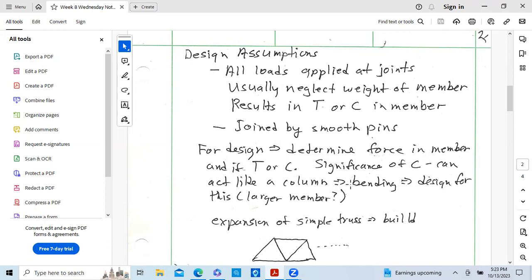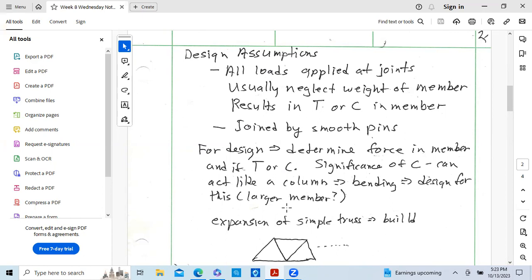For design, we want to determine the force in the member, and whether it's tension or compression. I told you the significance of compression. It can act like a column bending. If it's compression, we'd probably design this member a little bit larger than the tension members. We know how much larger it would have to be, and that would prevent the possibility of bending stresses.